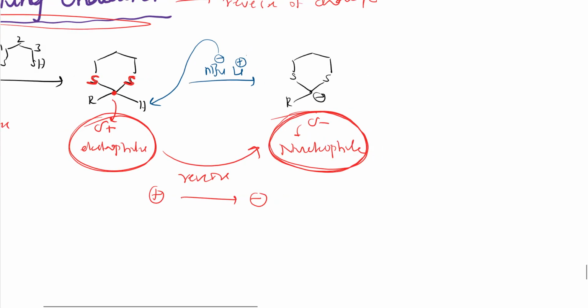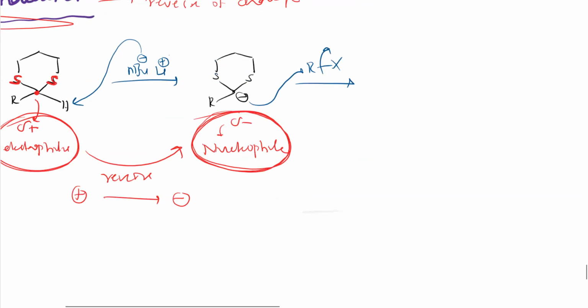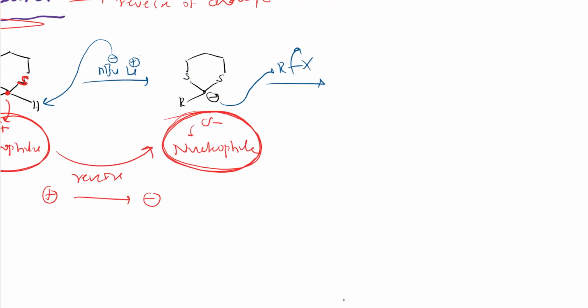Further, if I react with any RX compound, then what happens? SN2 reaction, and I'll get this product. Let me write it. Here R is there and here one more R. Again, this carbon will be delta positive as it is attached to sulfur, electrophilic.